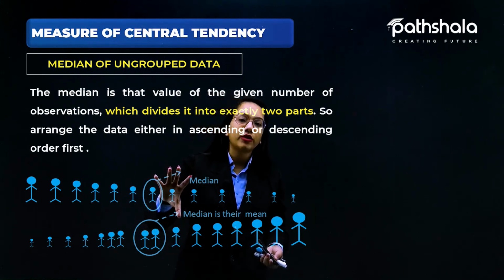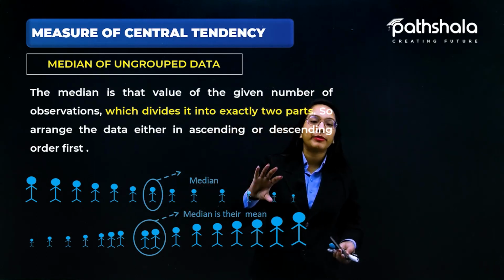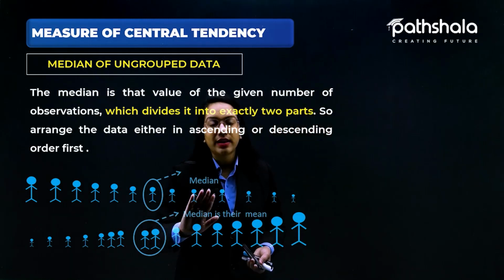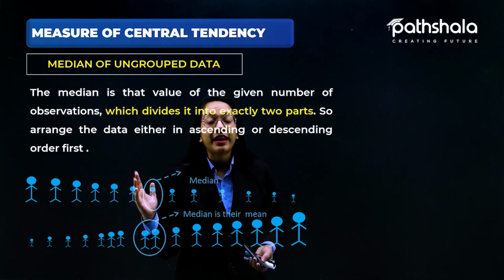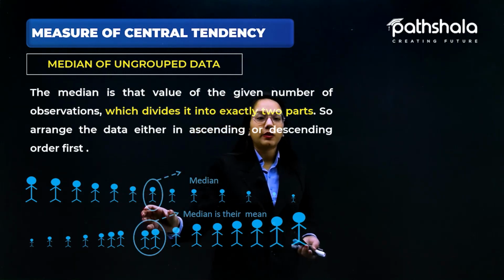In case the number of people is odd, I'm taking 6 towards the left, 6 towards the right, and then I'm picking out the middlemost person over here, which is nothing but called the median.